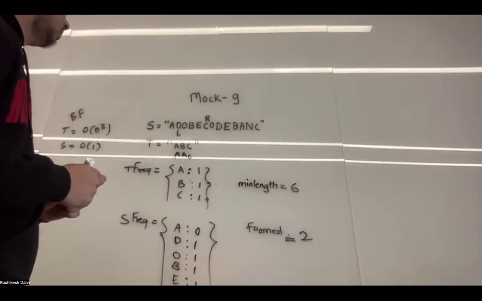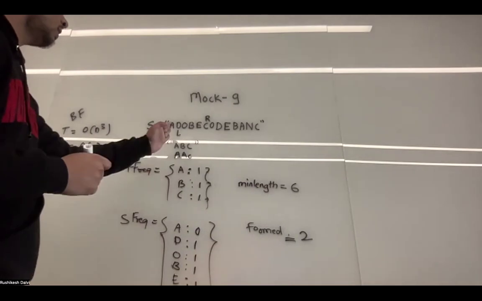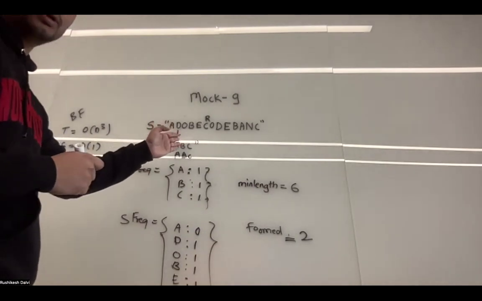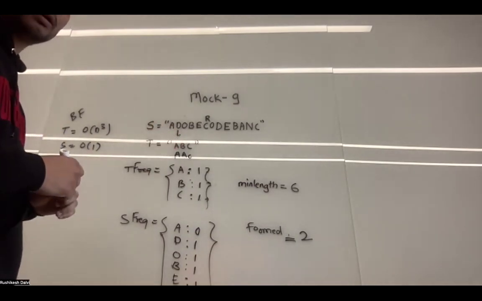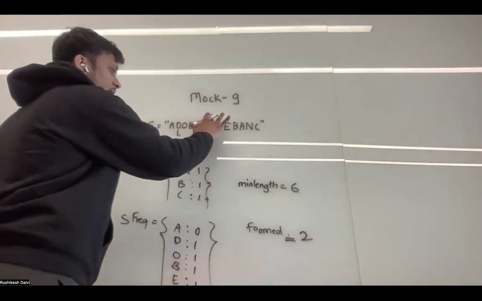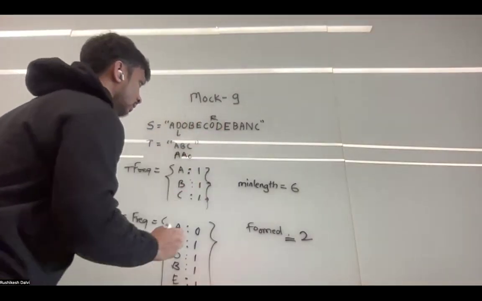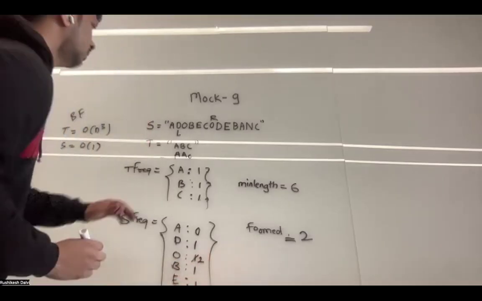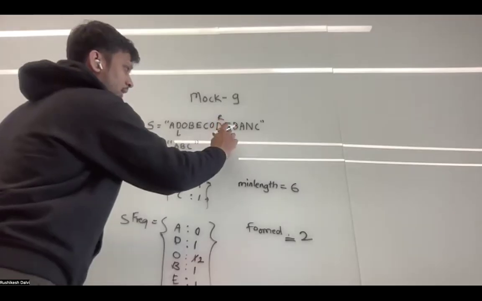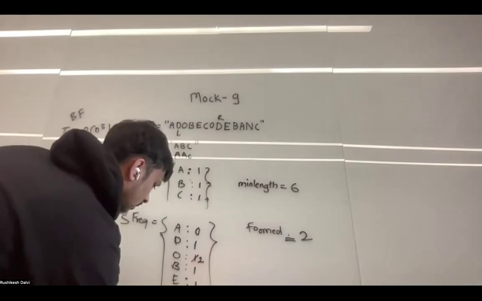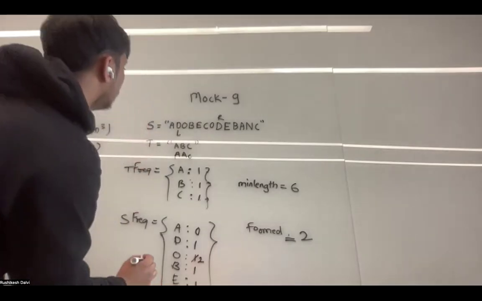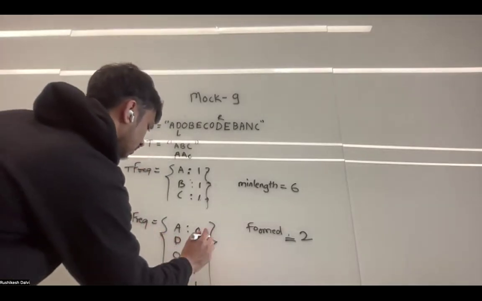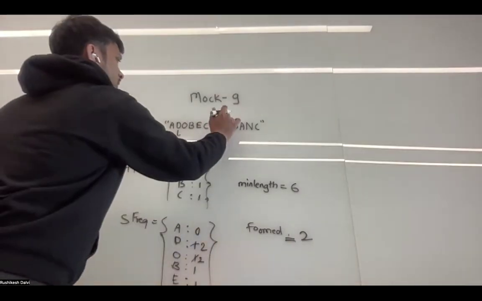There is no point increasing the left pointer now because we don't have ABC in our current window. So I will again increase my right pointer. Right will come here, so this will become 2. Again, I will increase my right pointer. D, E is already there, will become 2.